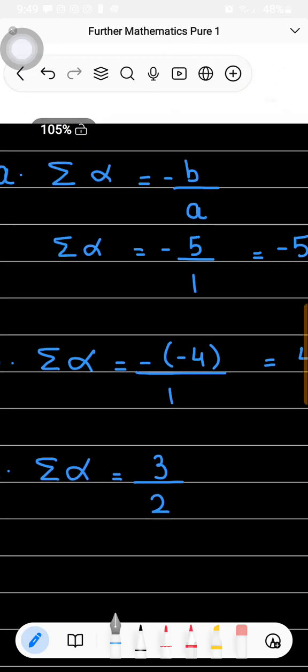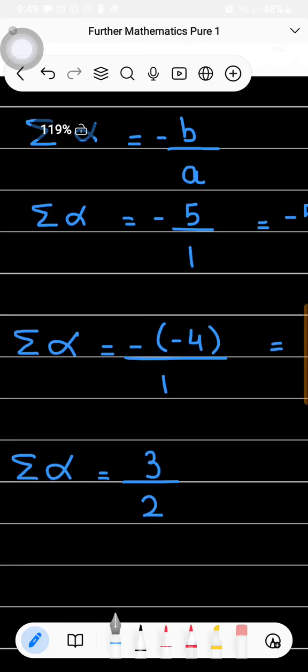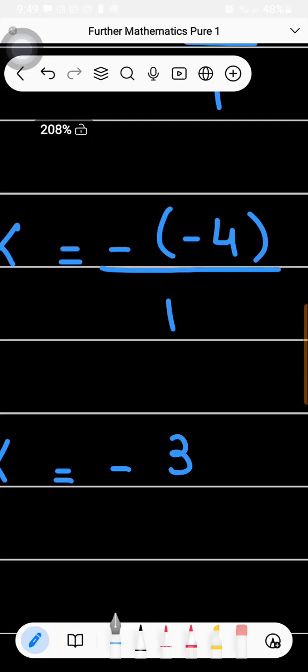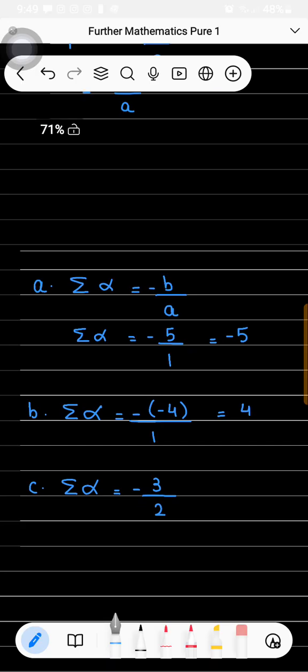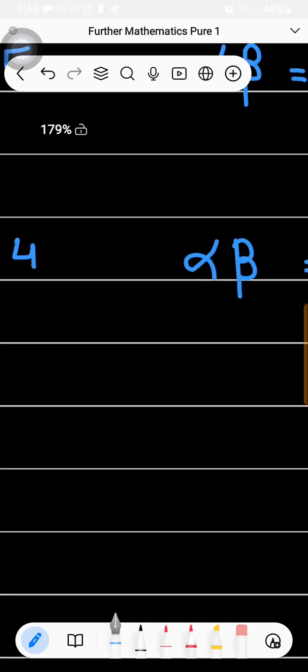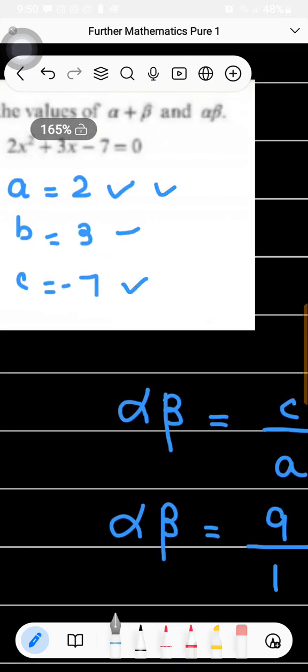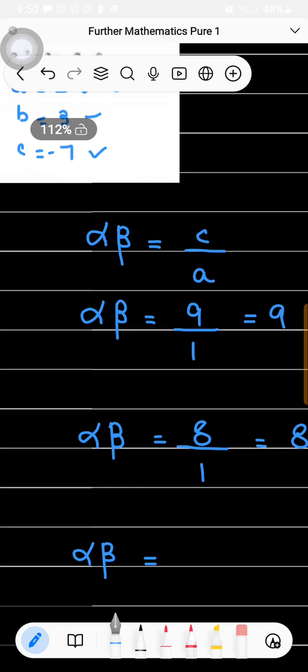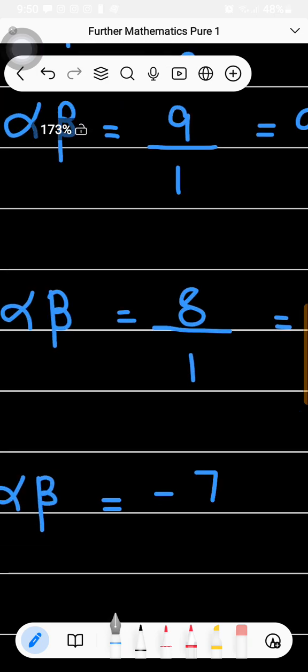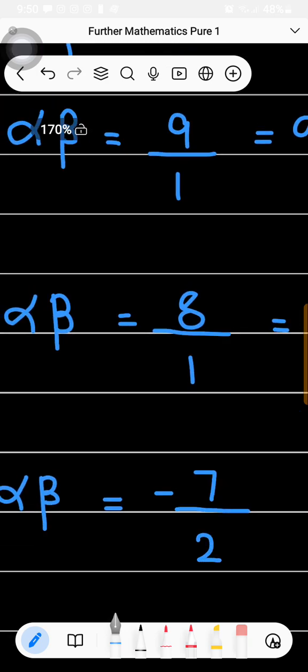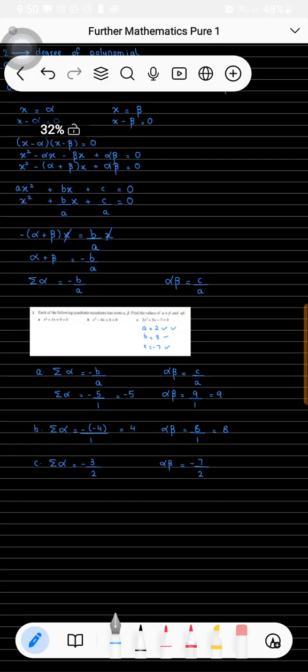Sorry, my mistake. It is negative b upon a. So it is negative 3 upon 2. Now alpha beta is c upon a. So negative 7 upon 2. So that's how we have to apply this formula.